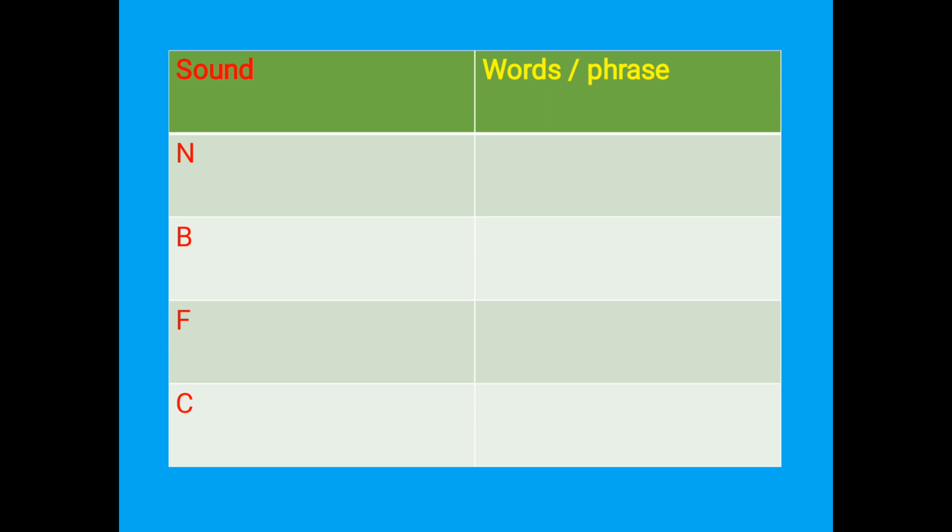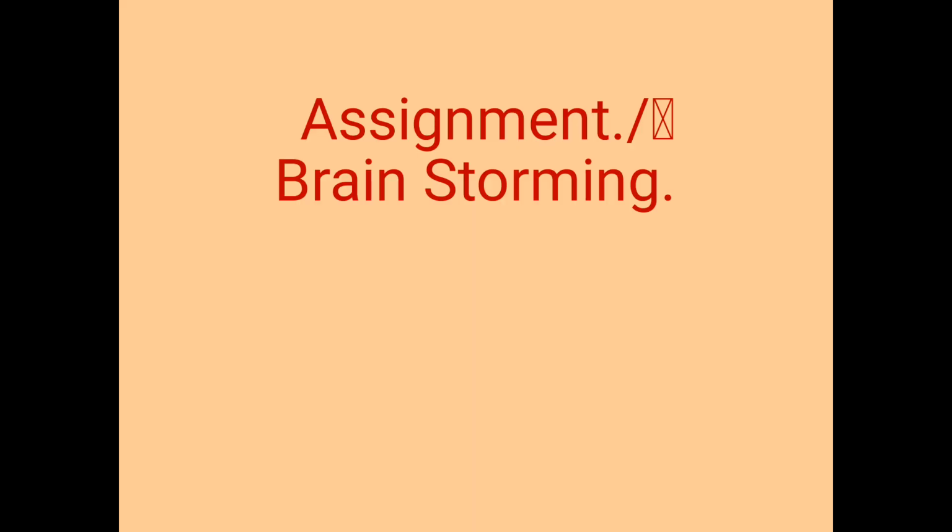So from your English Balbharati or Kumar Bharati textbook, you can go through all the poems that you have and try to find out the sounds N, B, F and C and complete this brainstorming session assignment.